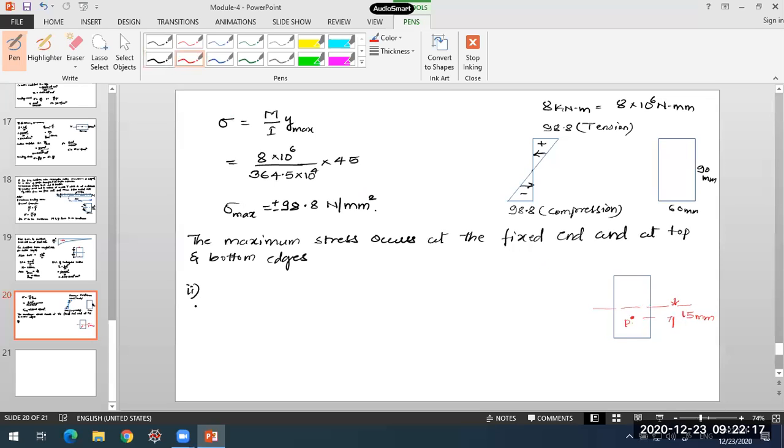For that, first I'll find the bending moment at a distance of 1.5 meter from the free end.